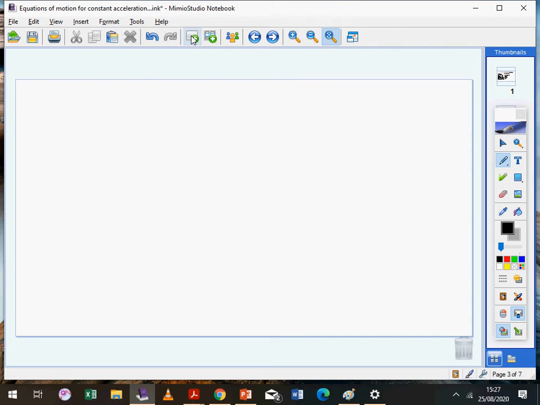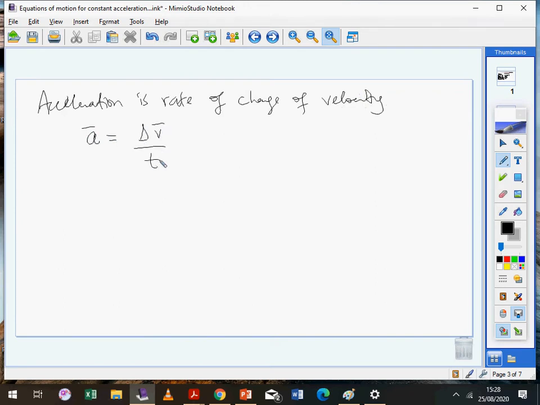Now, moving on, the other obvious definition that we know is that acceleration is the rate of change of velocity. So acceleration is change in velocity divided by time. That means that acceleration is v1 minus v0 divided by t, which when you rearrange gives you v1 equals v0 plus at.